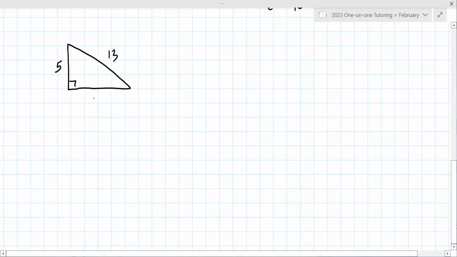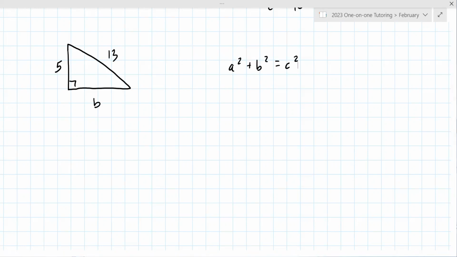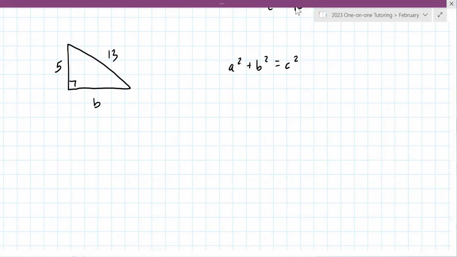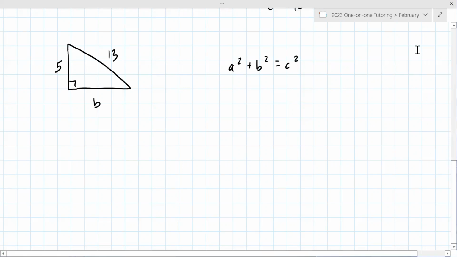Again, A squared plus B squared equals C squared. I'd like you to solve this for letter B, please. So 5 squared, which would be A, would equal 25. And then 13 times 13 would equal 169.